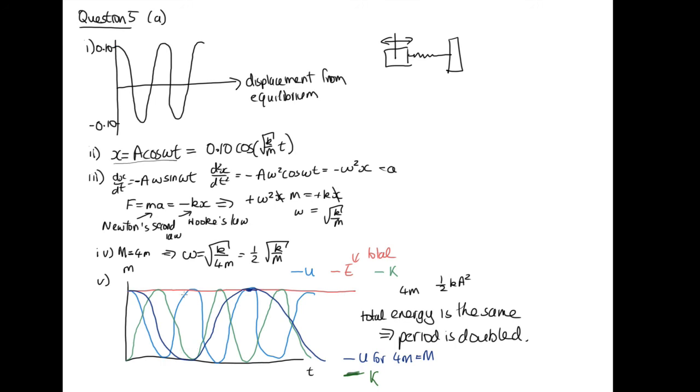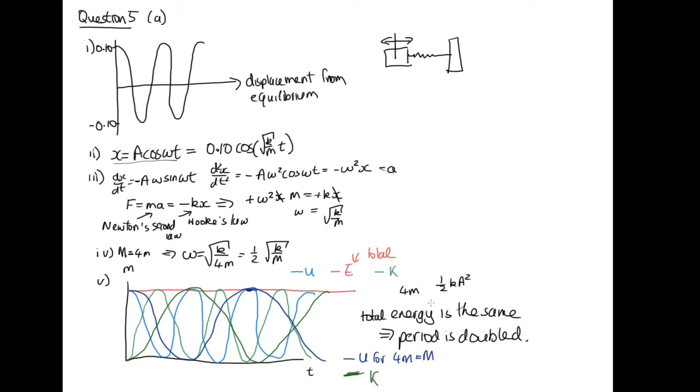Again, the period is twice the period it was before, so it'll look like that. So the period's doubled. It's good that we've written that for the marker so they can hopefully make out what's going on in our slightly messy graph there.